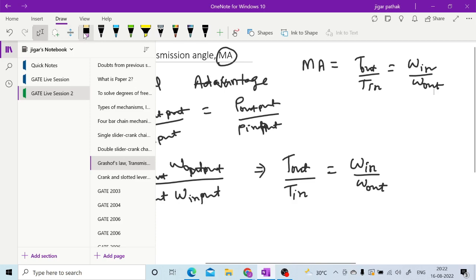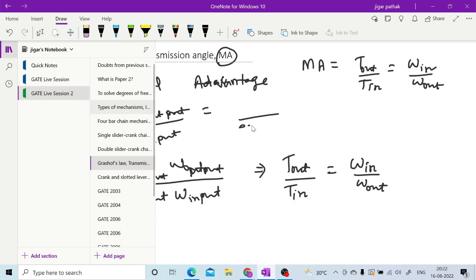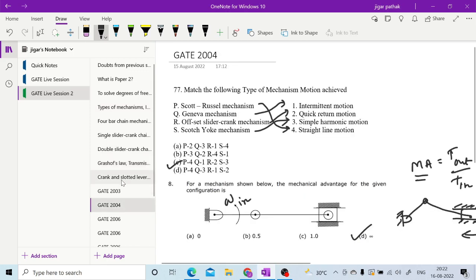Let me modify it also. One second, I'm modifying this one. It is torque only. Sorry for that. So torque output or force output and torque input can be considered for this mechanical advantage calculation.